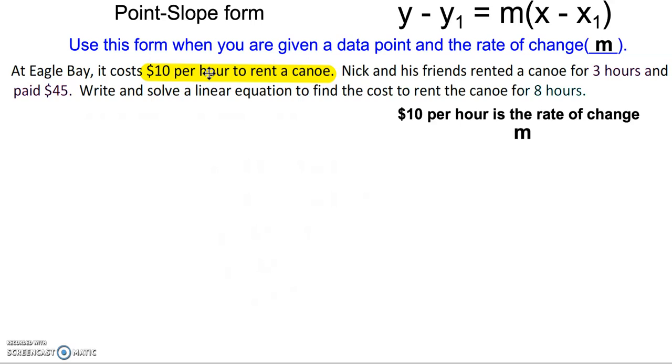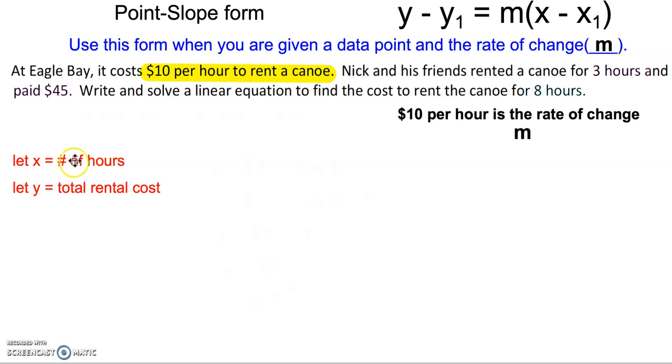Remember, slope is rise over run, our change in y over change in x. So if it's dollars per hour, the dollars are going to be our y and the hours are going to be our x. That's really important to be able to identify those variables before we try and write that equation.